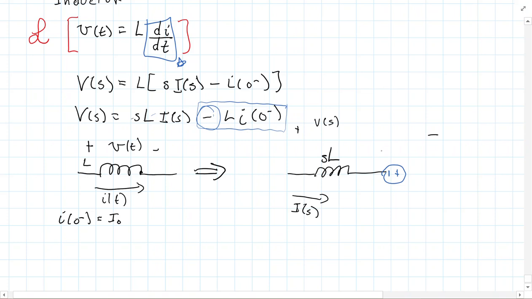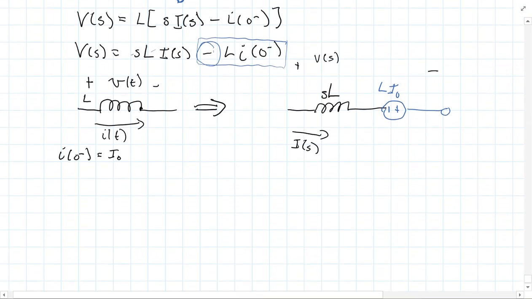The value of this voltage source would be L times that initial current. So this would actually be plus minus Vs, because it includes that initial condition.